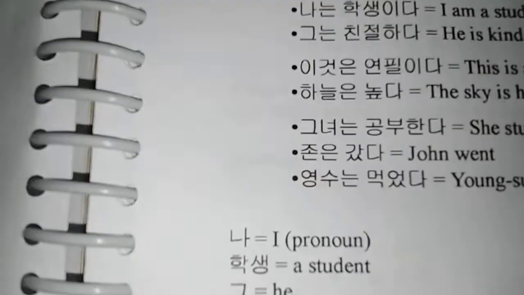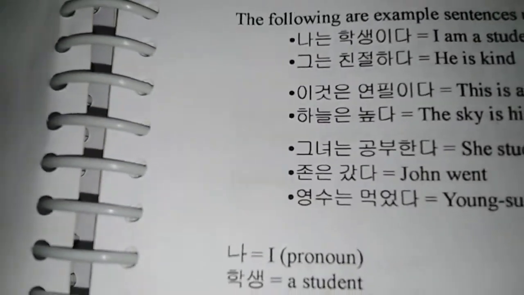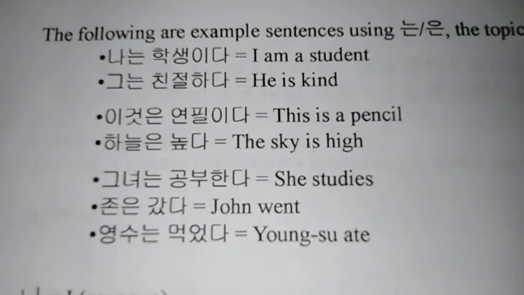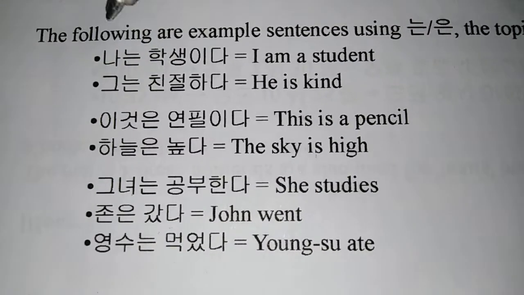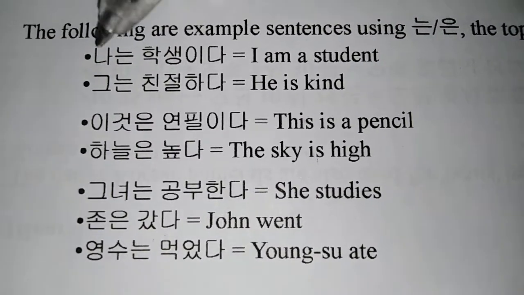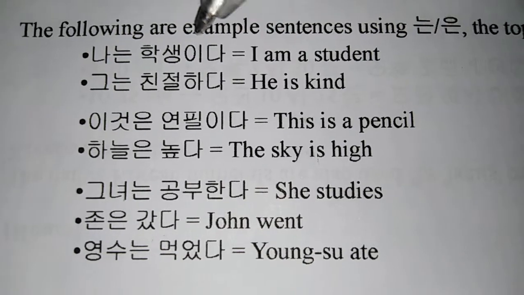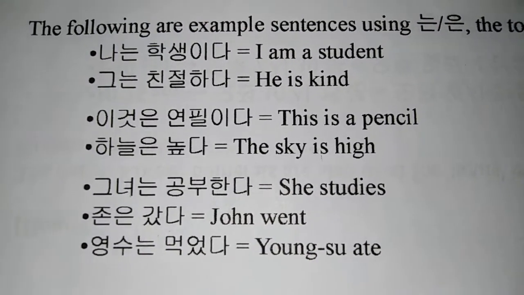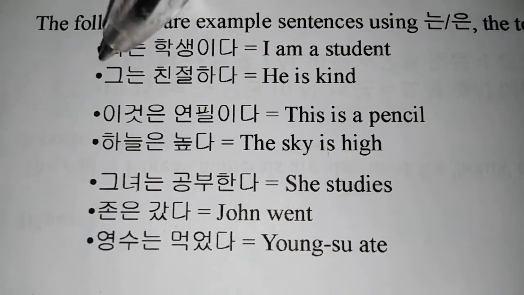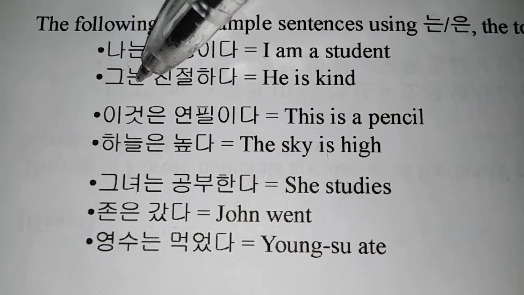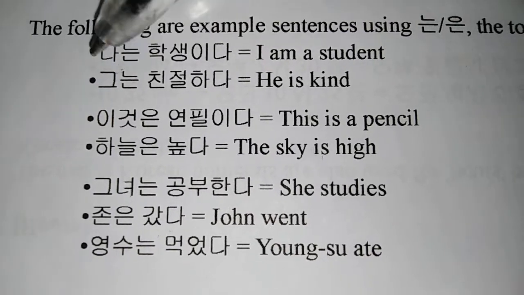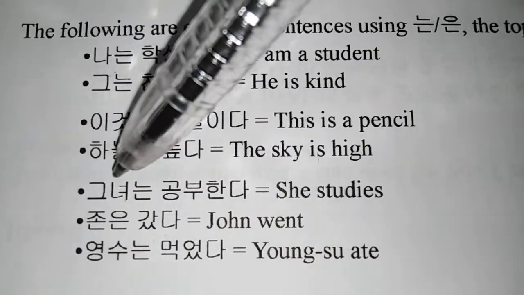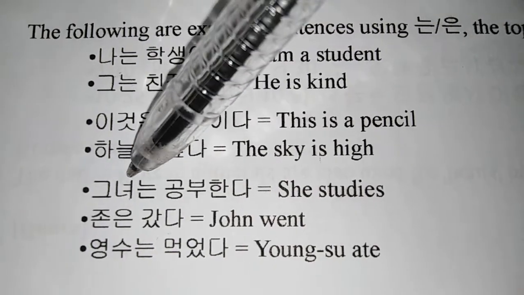Now we will be looking at some example sentences that we have here. The first one is what we saw earlier, 나는 학생이다. The next one is 그는 친절하다. 그 means, I have told you already, 그 is like a pronoun for males, and 그녀 is a pronoun to indicate females.